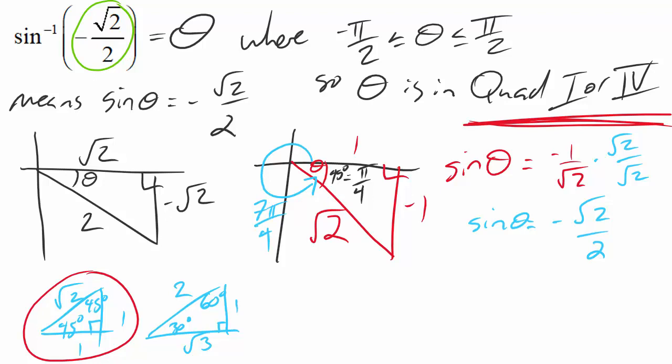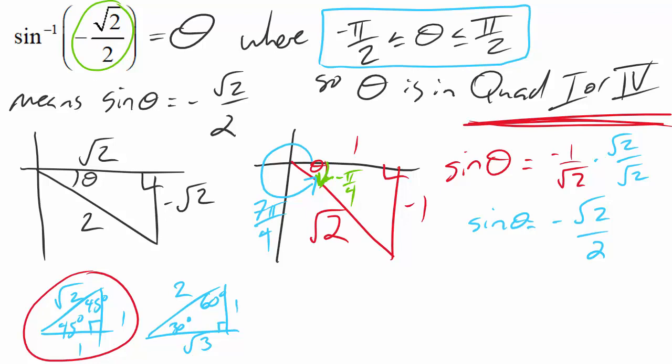But that answer is a loser because that is outside of our restricted range for inverse sine. So the only other option available to us is to go in the negative direction. We start at 0 and go down. That would mean our angle here, instead of being 45 degrees or positive pi over 4, since we're going down this direction, is a negative pi over 4.